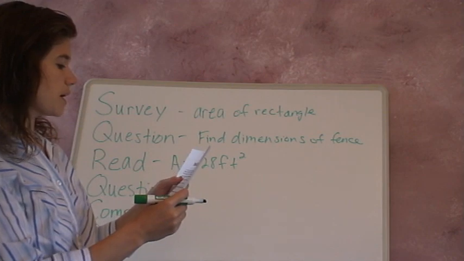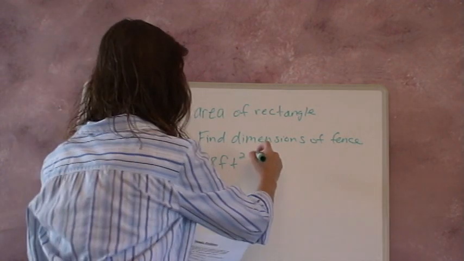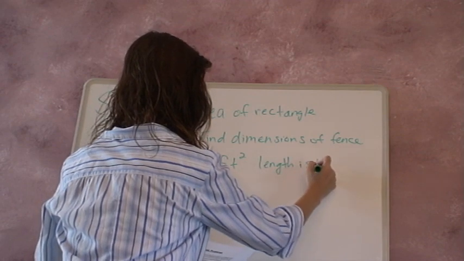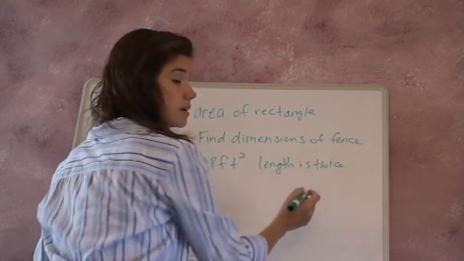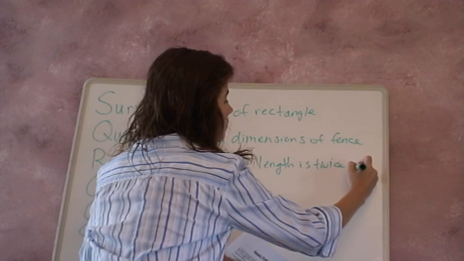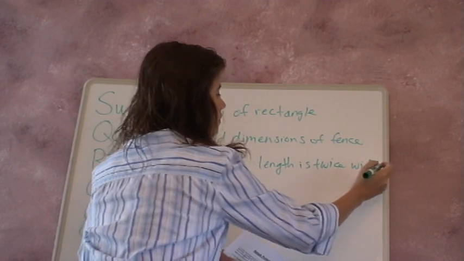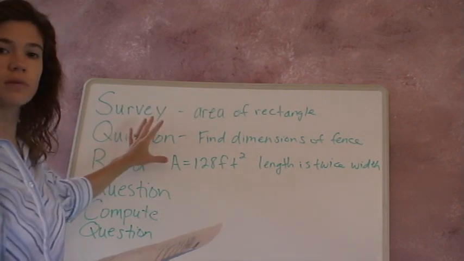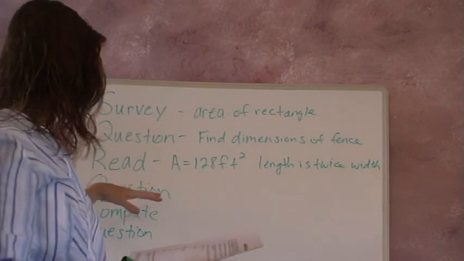And we know that the length is twice the width. And that's the information we were given. So this is all just from reading the problem and sorting out what we know.